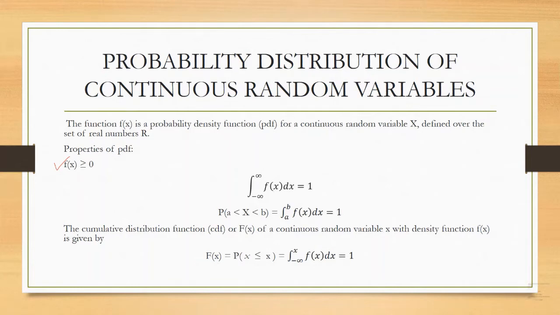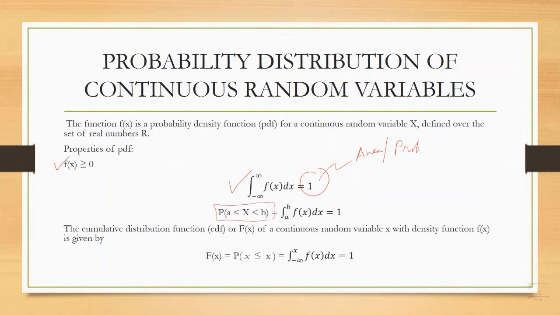And it is also defined as the integral of f(x) dx equal to 1. Andito na naman yung equal to 1 natin. This represents our area in the curve or the probability. So, ang limits natin is negative infinity to positive infinity. This can be represented as our probability.